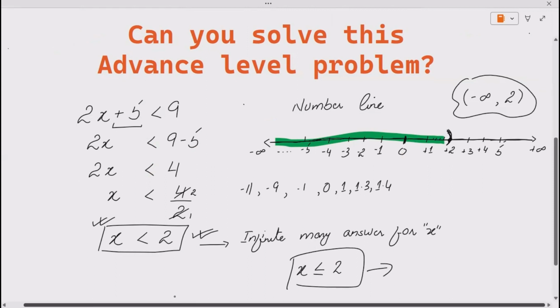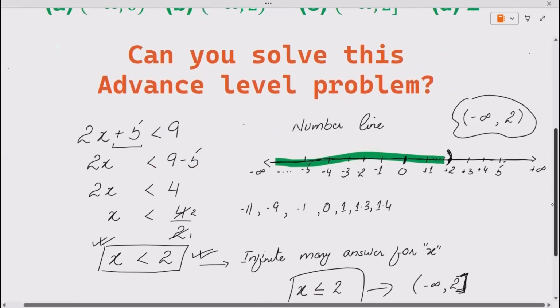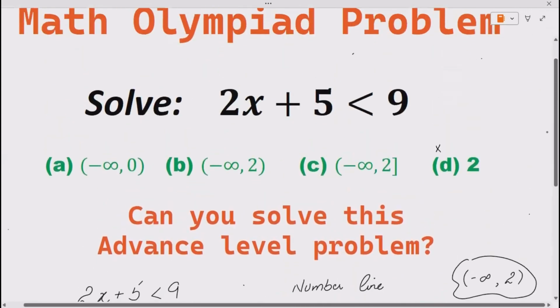In that way we also include 2. It means the answer is 2 to minus infinity, right? This square bracket tells us that 2 is included. A round bracket tells us 2 is not included. Here we have only less than, not equal to. So 2 is not included. It means part B is our right answer.